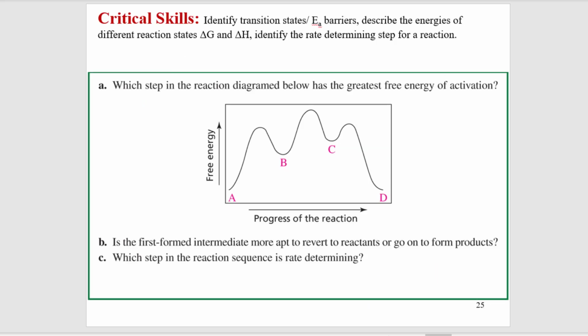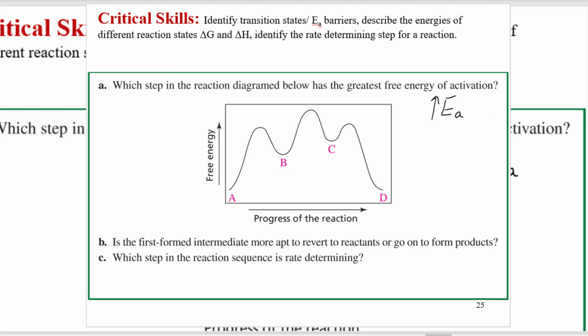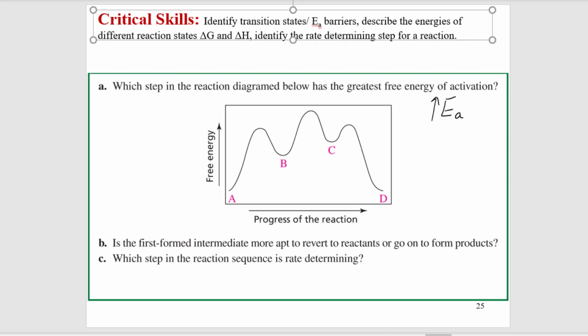Okay, here's an energy diagram. Let's do a little practice together. Which step in this reaction, A to B, B to C, or C to D, has the greatest free energy of activation? Remember, I'm asking you about activation energy. Which has the highest activation energy?